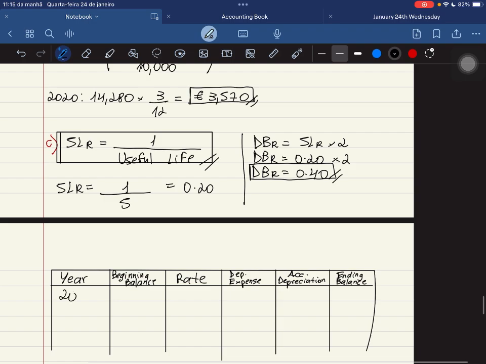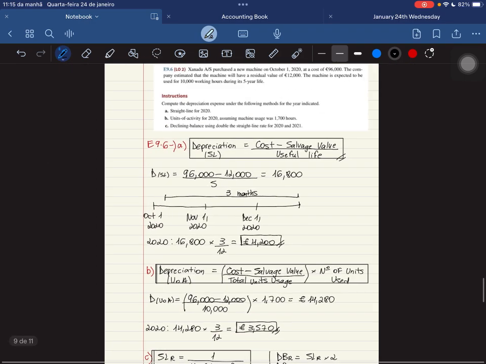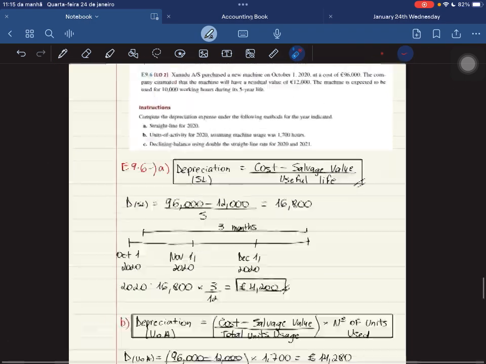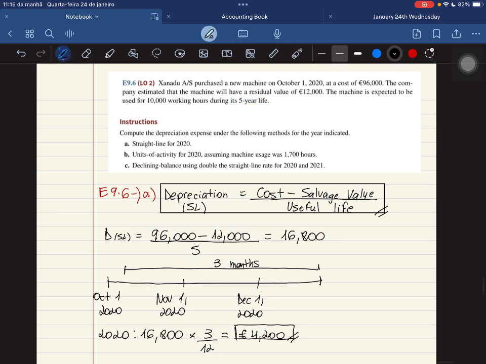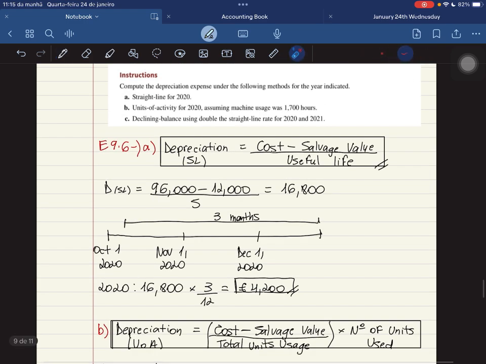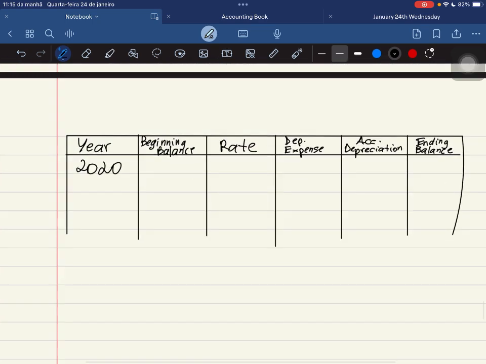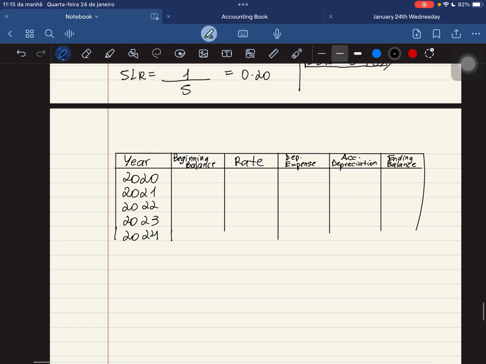Okay, so the first year was 2020, and it was a 5-year depreciation, right? So here they just asked 2020 and 2021, but I'm actually going to show you the full 5 years because I want to show you something at the end. All right, so what is our beginning balance?